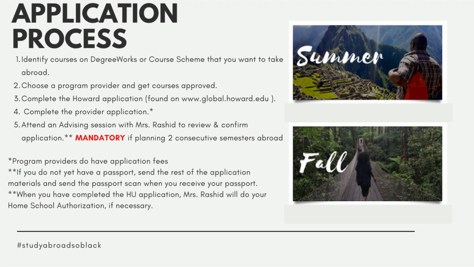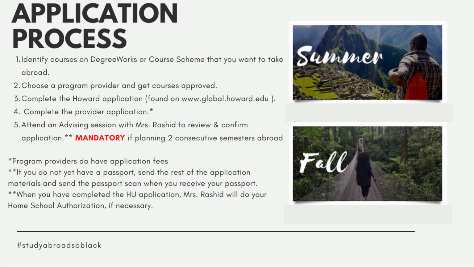So there are two applications that need to be completed in order for you to go abroad. The first is the Howard application, and the main essential ingredient for the Howard application is having all of your courses approved on that course approval form. You cannot go abroad for a semester without having enough classes approved to maintain full-time student status or more, satisfying your graduation requirements.